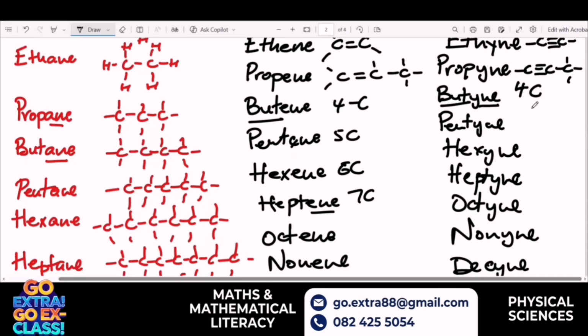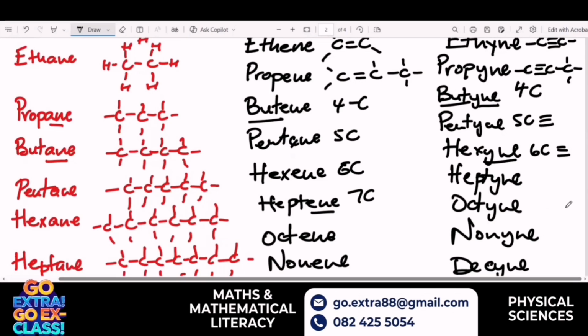It must have at least one triple bond there. Then pentyne is 5 carbons, plus at least a triple bond. And hexyne has 6 carbons plus a triple bond, because of the alkyne ending. So that is what you need to know basically on these names.